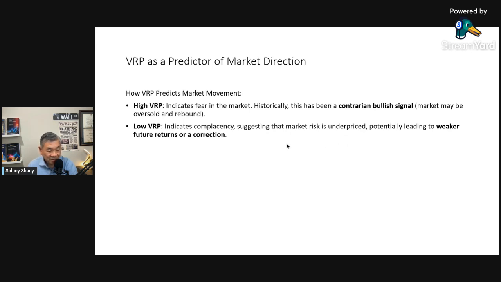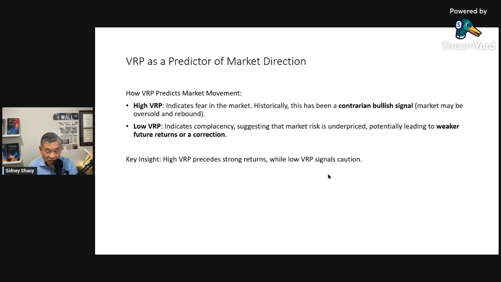So the VRP does have prediction power. As we're going to see, it's not perfect, and there's a lot of adjustment that needs to be made, but it does have some prediction power. So the key insight is high VRP precedes strong returns, while low VRP signals caution.